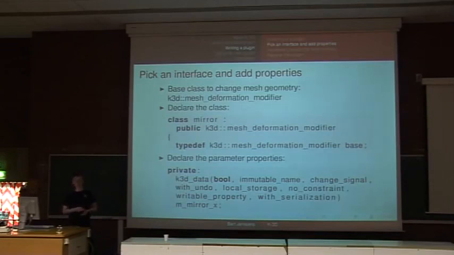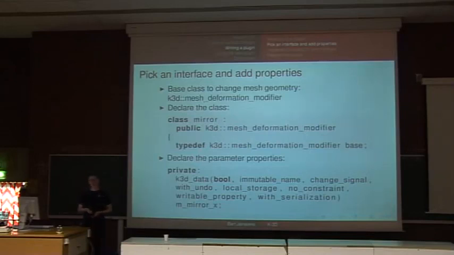I chose to use a mesh deformation modifier here, which permits to easily do this action on a mesh. So we declare a class which inherits from our base class, which is part of the SDK, and typedef the base class for convenience.